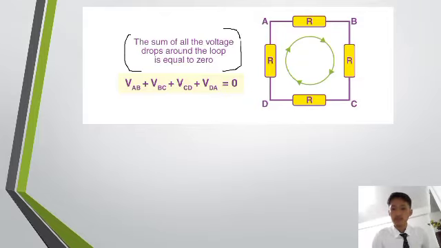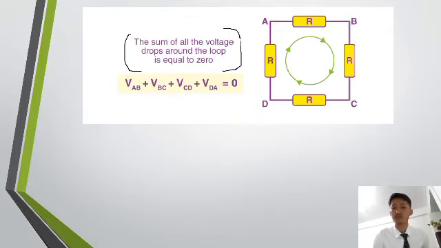See, this loop A B C D A. In this particular loop, you can see the voltage between A and B, between B and C, between C and D, and between D and A. The sum is equal to 0. Simply it means that the net voltage, or the total voltage, in this loop would be equal to 0.